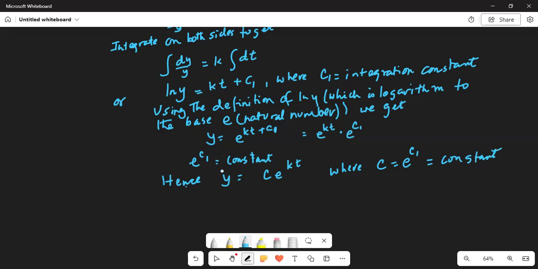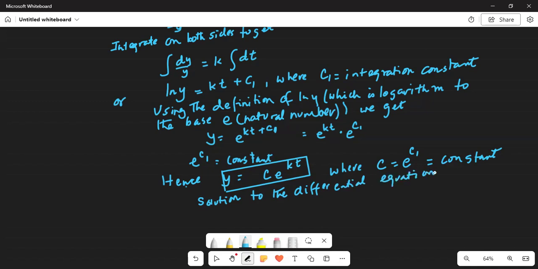Okay, so this is the solution to the differential equation. So that concludes part A.